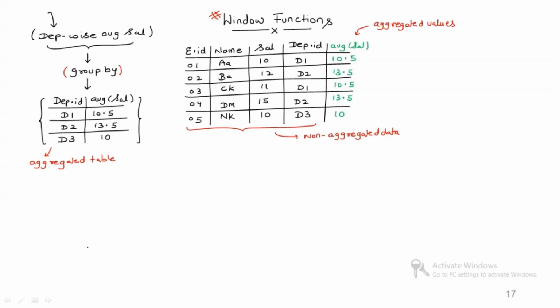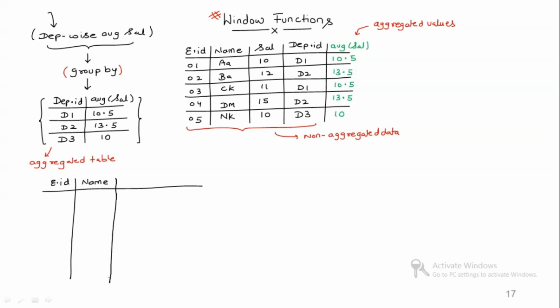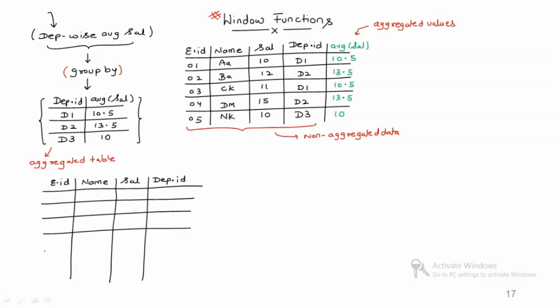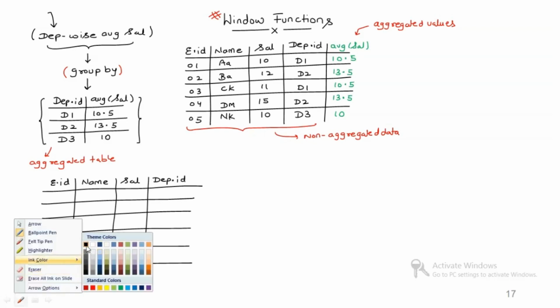Now, window functions are applied in 2 steps. Step number 1 is known as creating a window or partitioning the data. Let's understand how. Employee ID, name, salary, and department ID, 1, 2, 3, 4, 5, and let's fill this with some data.